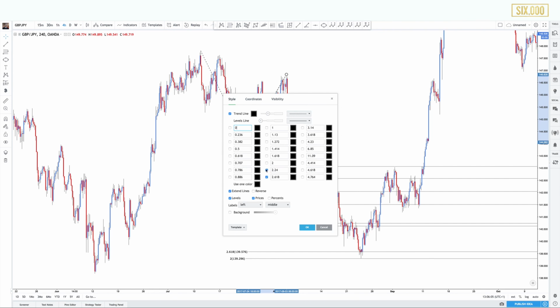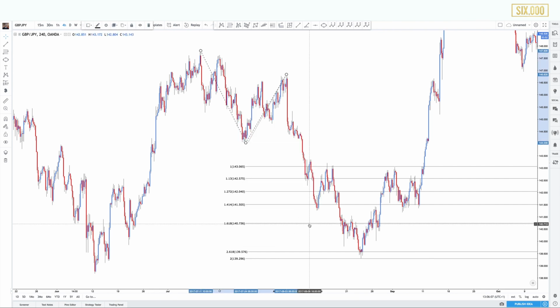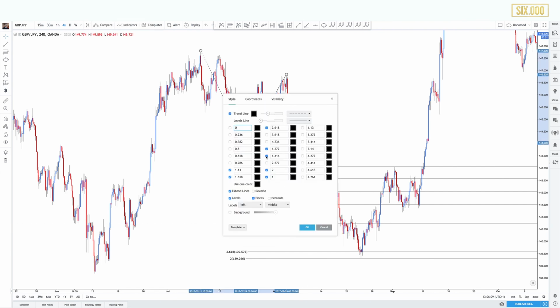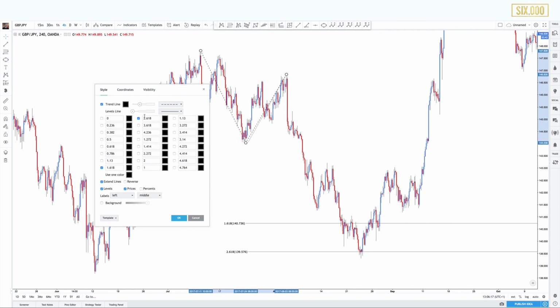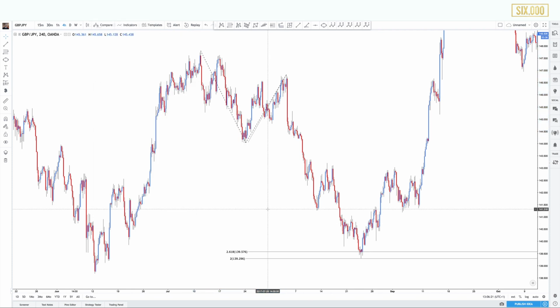If I just remove the 2.24 and I look at the extension measurement, and remove all of those, we're looking at a 2.0 ratio for the extension. This is really what I'm talking about when I'm speaking about the potential reversal zone: ratios and different measurements forming within a close proximity.